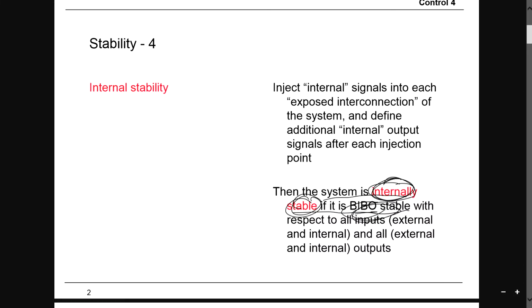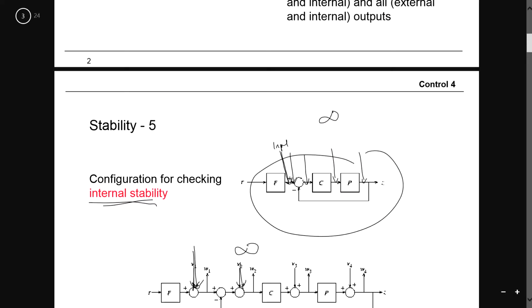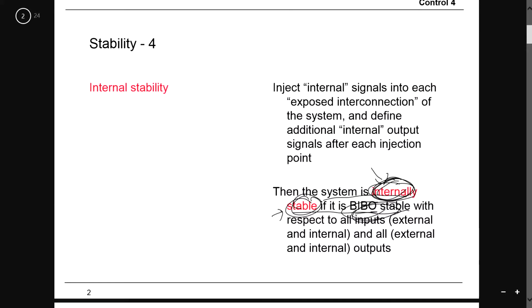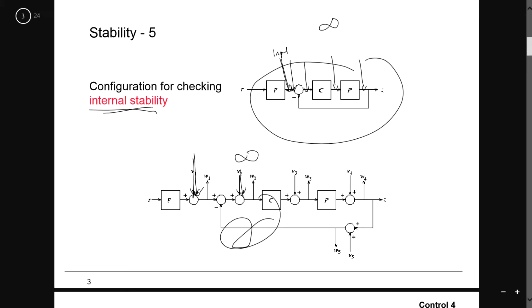Or if you can first measure internal stability using the method that I've shown you earlier, then you can say that it is BIBO stable. And otherwise, if you know that your system is BIBO stable, then this means that it is internally stable. That's the definition of that. Alright, so definitely, if you want to test for stability, use the internal stability. That's the meaning of that.